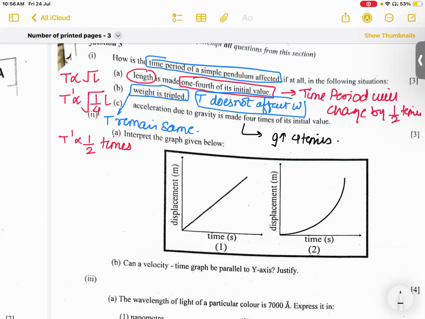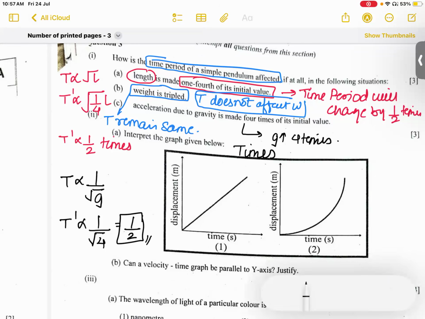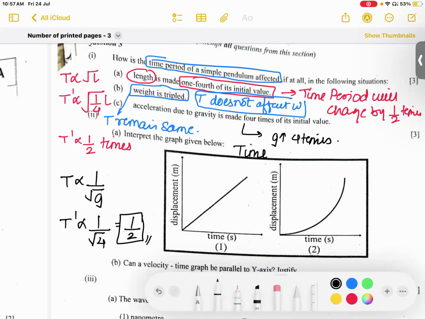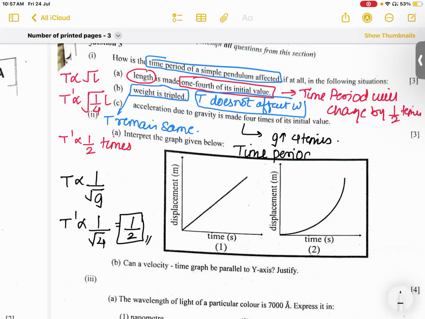So let's try to write. We know that T is proportional to 1 upon root of G. So this becomes T dash is proportional to 1 upon root 4, which basically means it is changing by 1 upon 2 times. So can I say, students, the new time period will get affected. Can you guess? The new time period will reduce by 1 upon 2 times. I hope I have made myself very clear, guys.